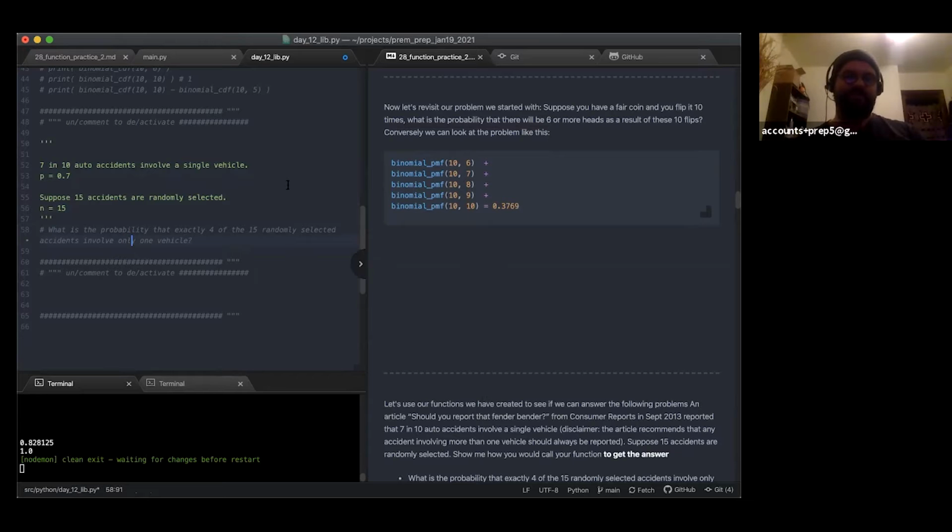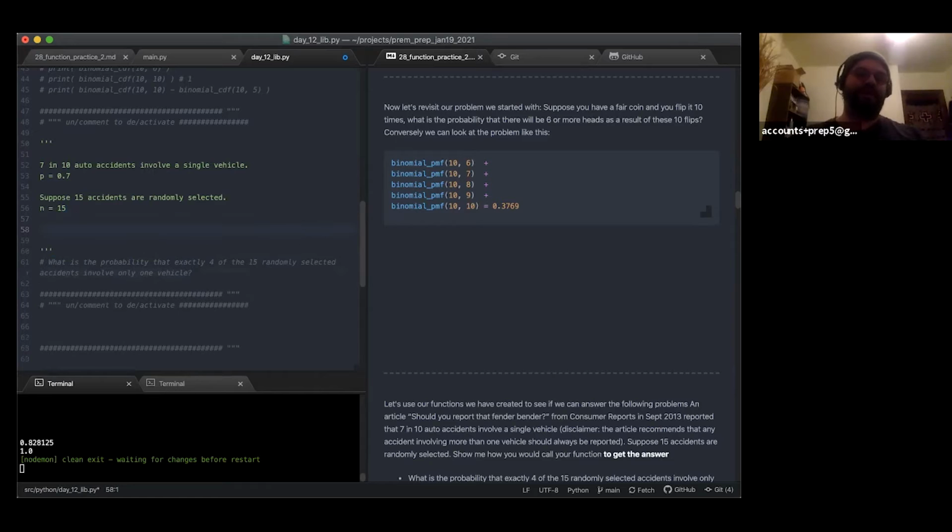And you think about this. How would we calculate the probability that exactly 4 of the 15 randomly selected accidents involves only one vehicle? So remember, here's another piece of useful information.